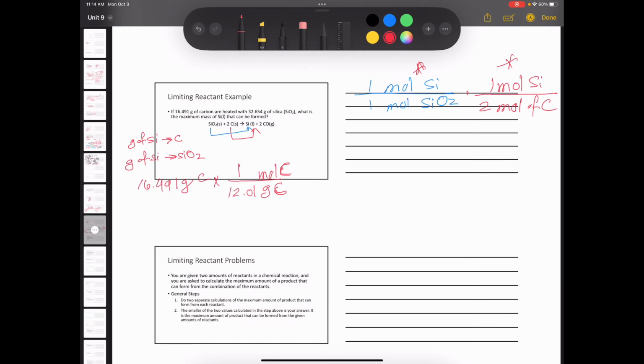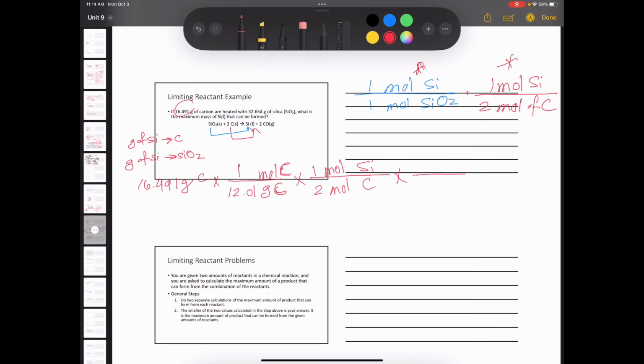Once I have that converted into moles of carbon, now I can use the conversion factor that I have here, which is 1 mole of silicon will be produced from 2 moles of carbon. Now I have moles of silicon, but I need to convert the moles of silicon into grams of silicon.